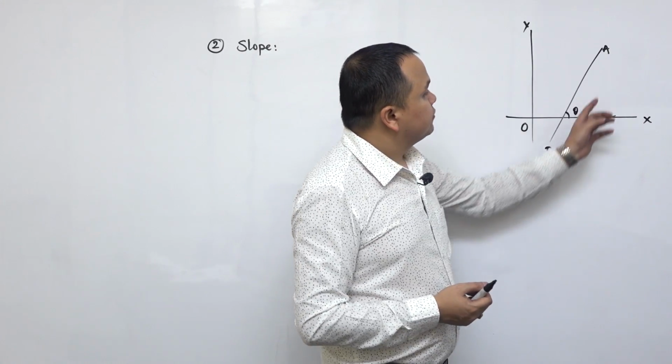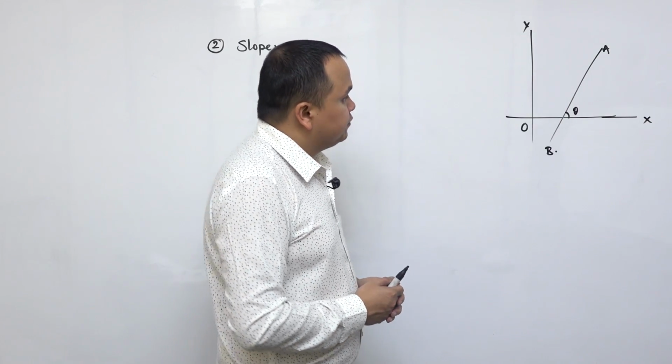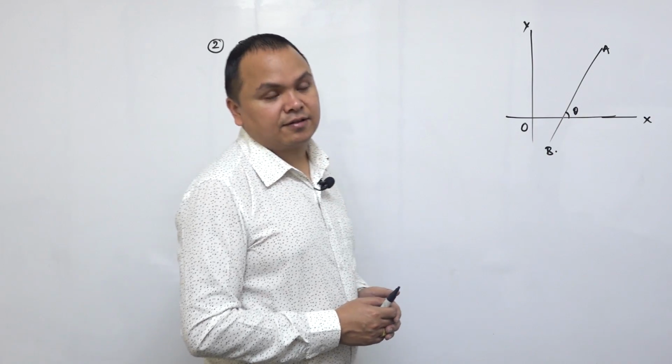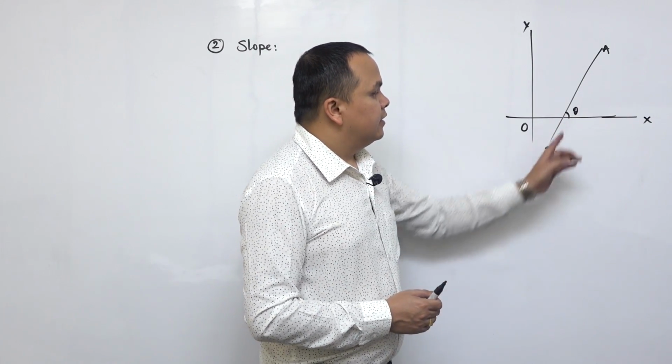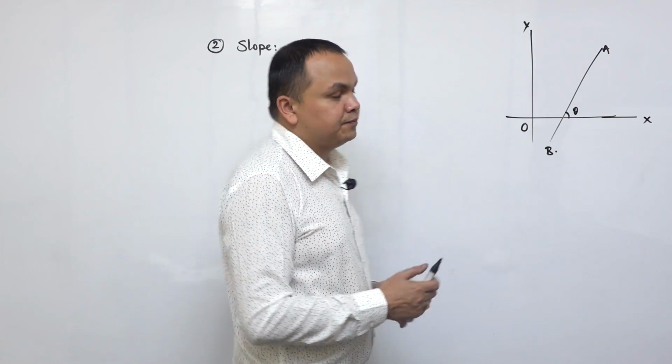Let AB be a straight line and AB makes an angle theta with the positive x-axis. Then tan theta gives the slope of line AB.